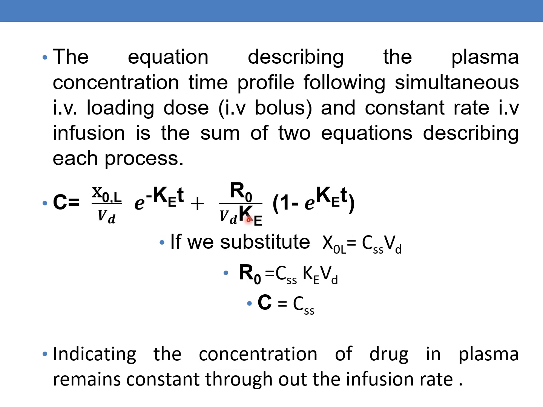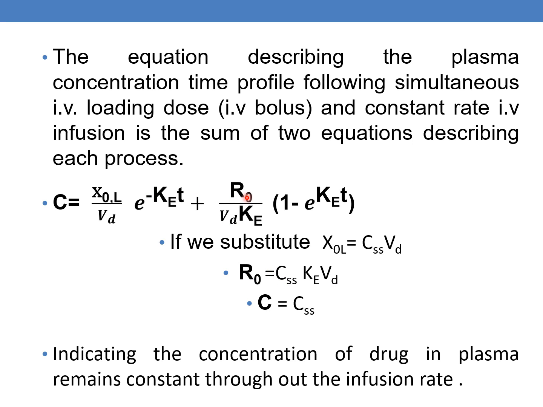And in this equation, if we substitute these terms, we know that X0L, the loading dose, is equal to Css into Vd. So here, in place of X0L, if we place Css into Vd, Vd and Vd get cancelled. Similarly, we know that R0 is equal to Css into Ke Vd.